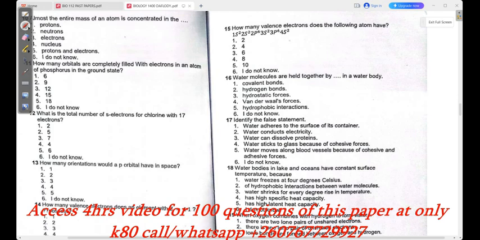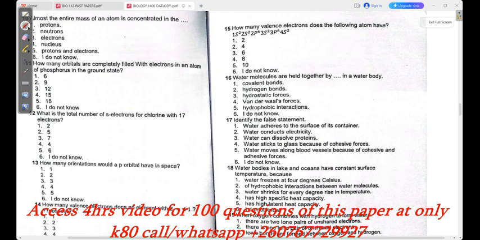15. How many valence electrons does the following atom have? We are just supposed to add these electrons and find the total number of electrons that we have. Then we can come up with a normal electronic configuration and check how many valence electrons.